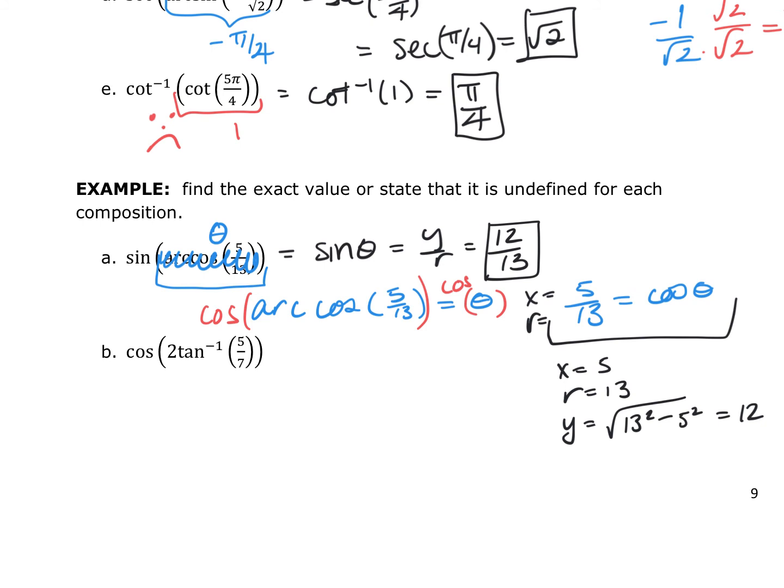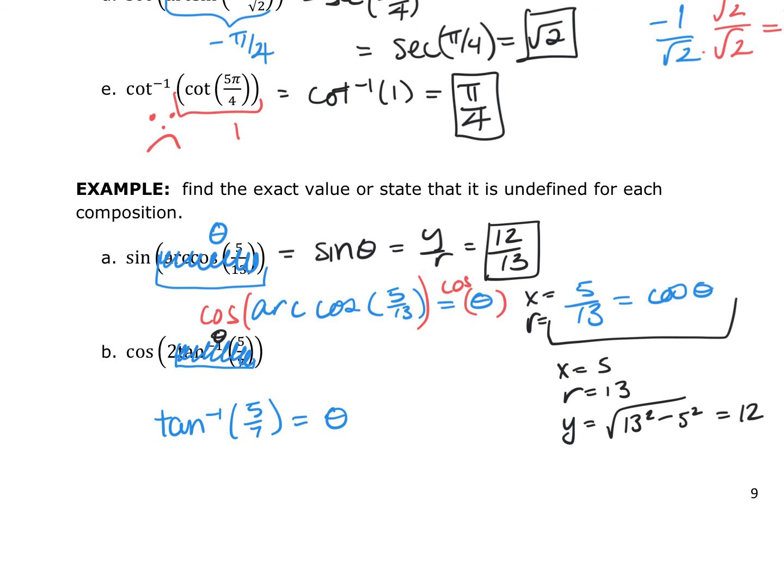Now I'm going to look at this one. This one's a little bit different. I'm going to ignore the 2 for a minute, and I'm just going to work with that. So I have the tangent inverse of 5/7. That tells me that must be an angle because I'm always chasing an angle. That means all of this can be replaced with theta.